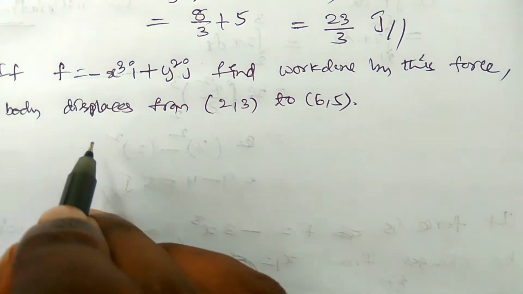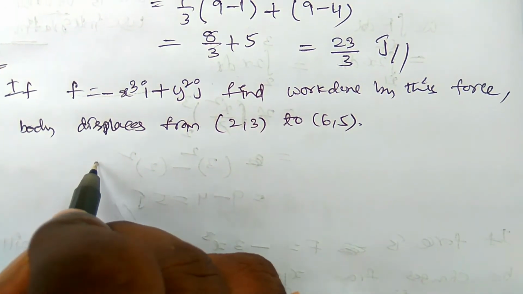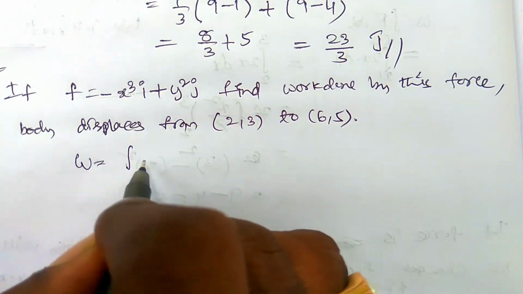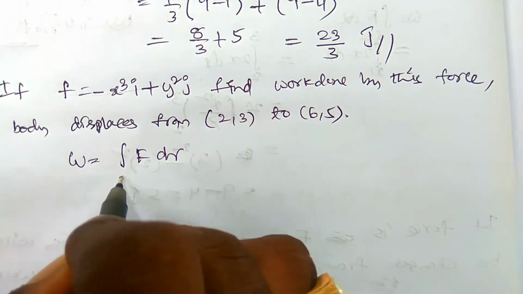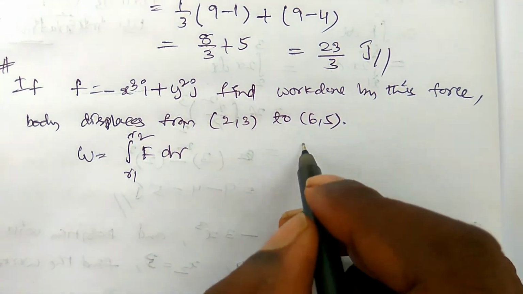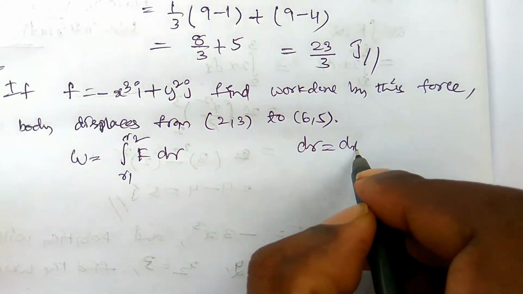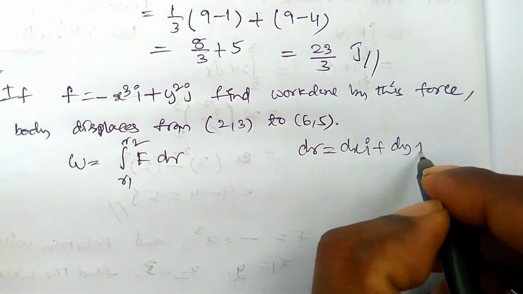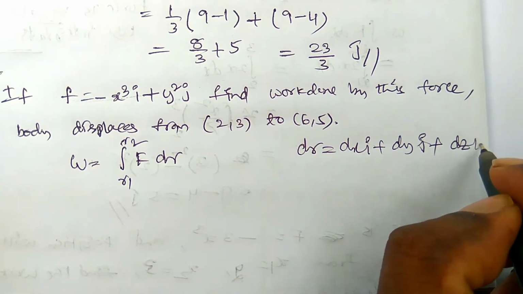Okay, so the work done is equal to the integral of F dot dr from r1 to r2. Here dr is dx i plus dy j plus dz k.